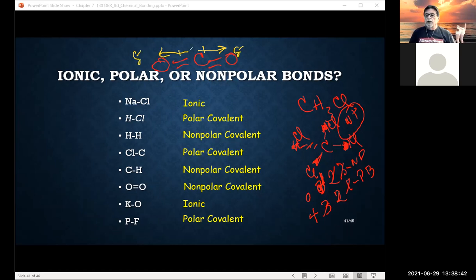But because those 2 arrows go in opposite directions, they cancel each other out. So carbon dioxide is a nonpolar molecule, even though it has polar bonds, because the polar bonds canceled out.